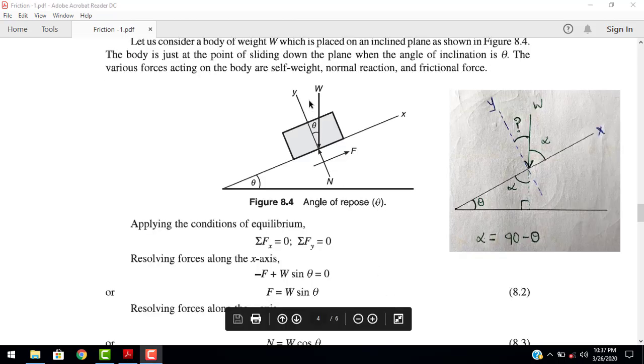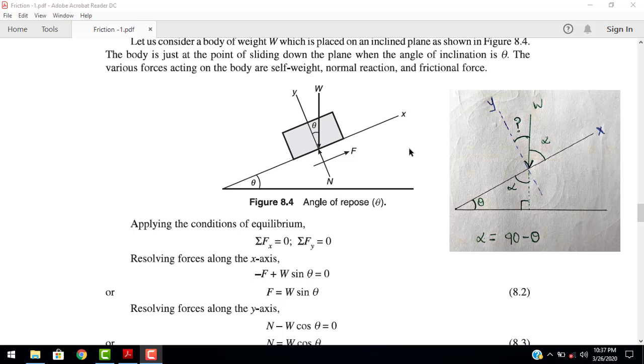Okay, now let us study about the relationship between the angle of friction, that is phi, and the angle of repose, that is theta. So now I'll be considering this same figure, wherein a block has been placed on an inclined plane which is inclined to the horizontal plane at an angle theta. The self weight of this block will always be acting in the vertically downward direction.